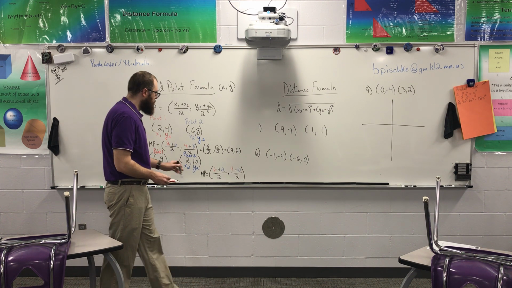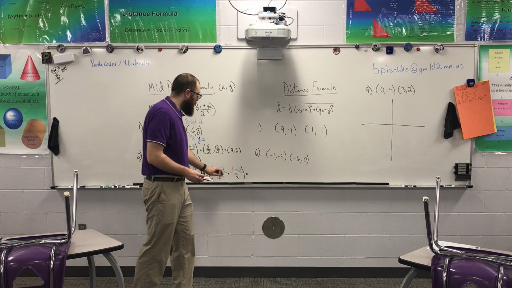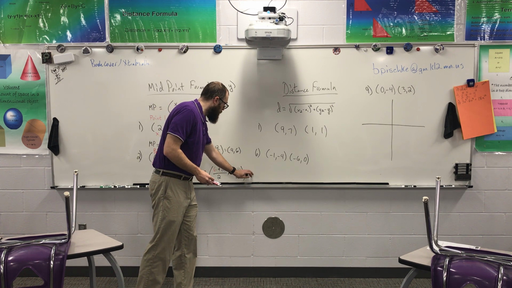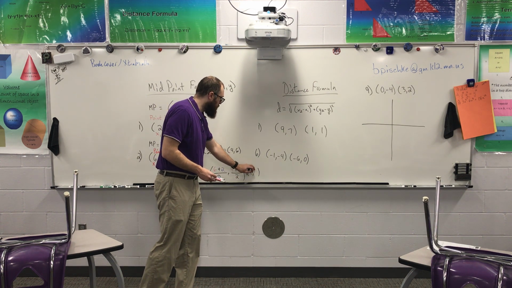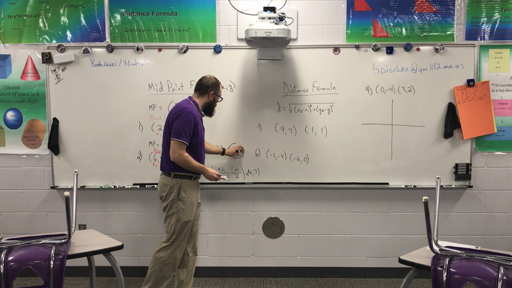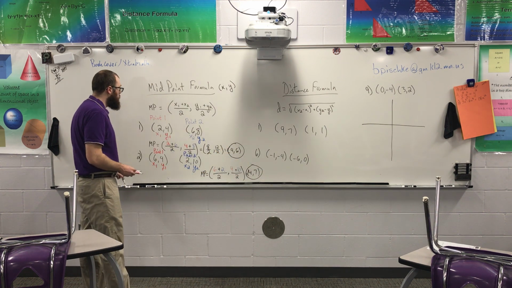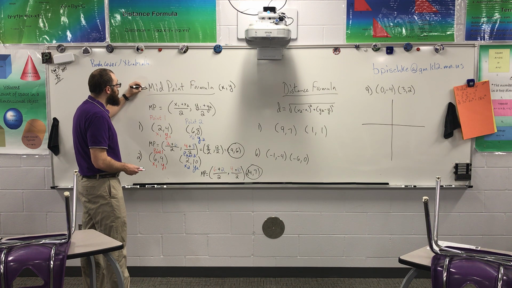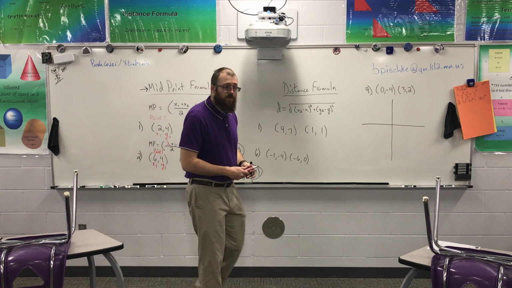So we can work through that. 6 plus 2 is 8, divided by 2 is 4. 4 plus 10 is 14, divided by 2 is 7. So 4, 6, and 4, 7 were the answers to problems 1 and 2 on the midpoint side of your worksheet. So hopefully you're on the right side of your worksheet.